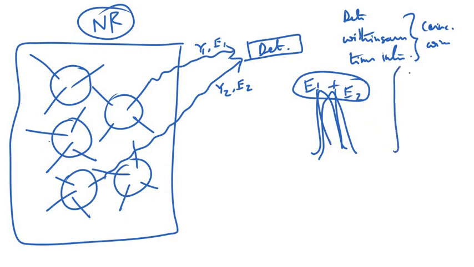So we will get a bigger signal having amplitude of E1 plus E2, instead of the separate ones.